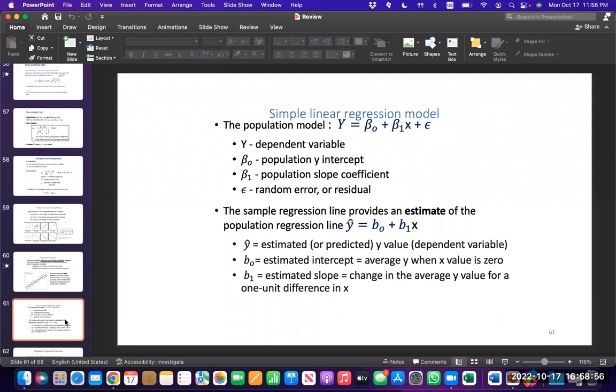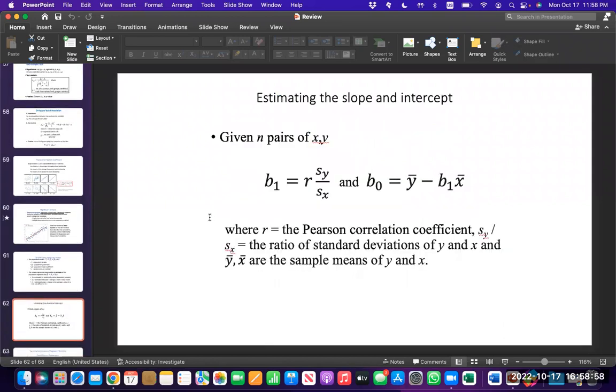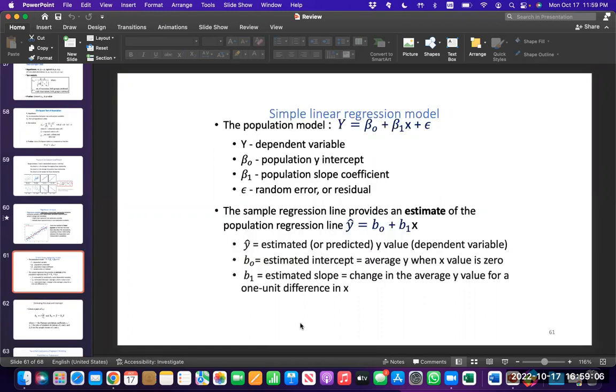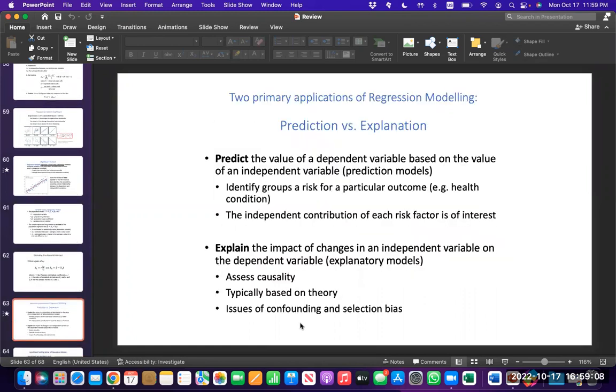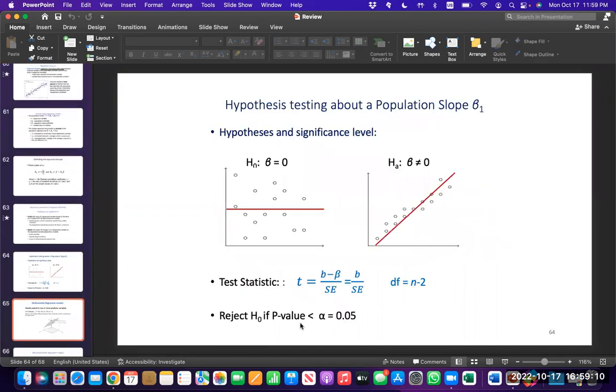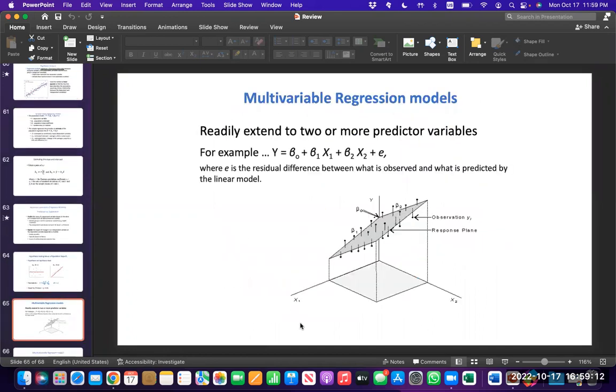And if you go into multiple regression, it looks in the same fashion, and you can add additional coefficients in this equation, which you see here, for example.